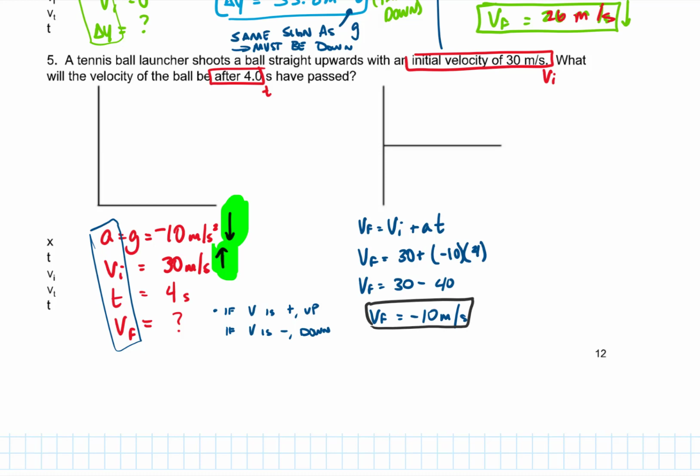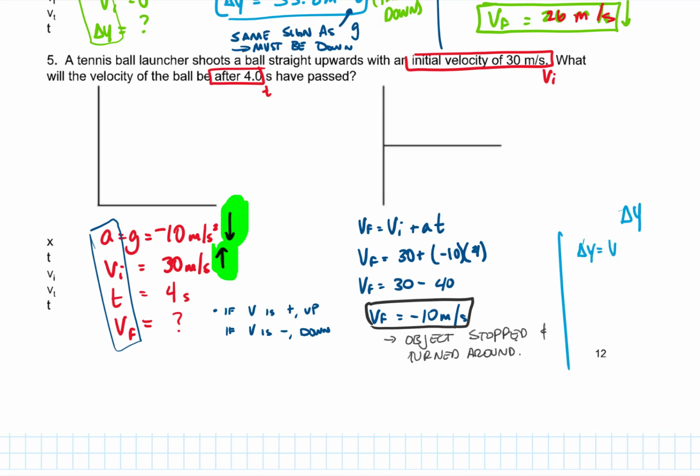This means something. My object was traveling up 30 meters per second. Now it's traveling down at 10 meters per second. So this guy, the object, stopped at the top. It turned around. That's important. We're going to see that in our graph when we do it. And then just to do this, our delta y.